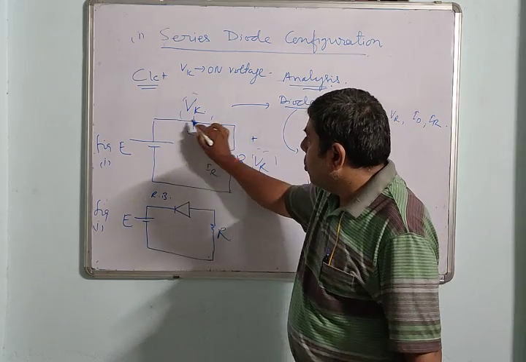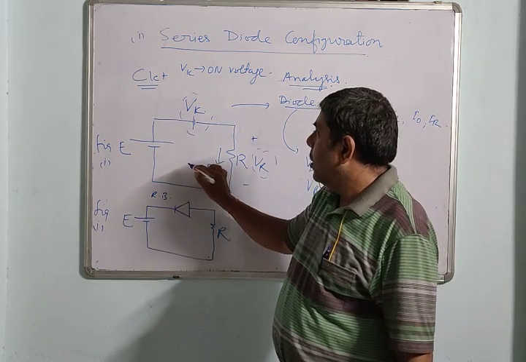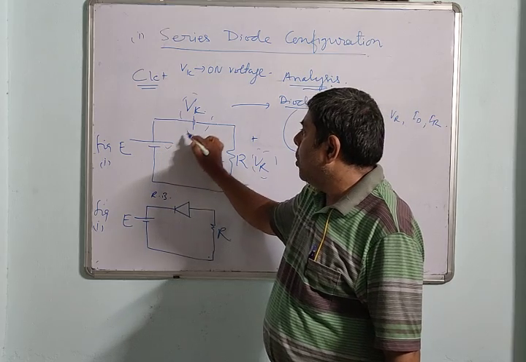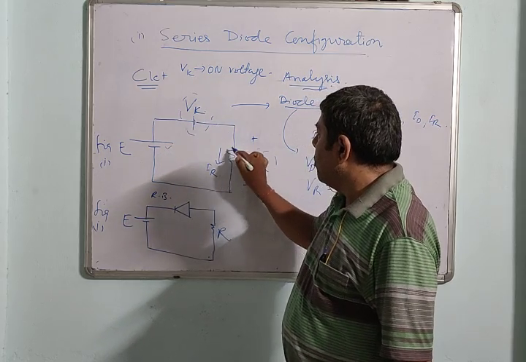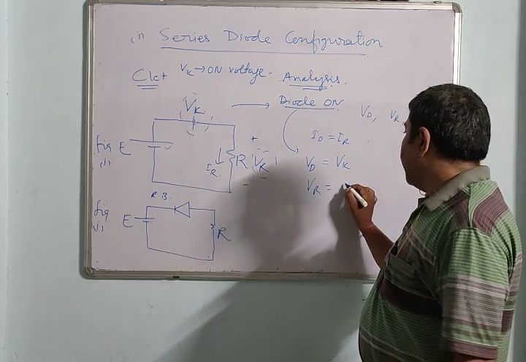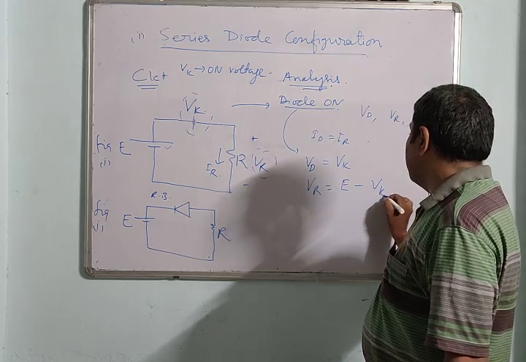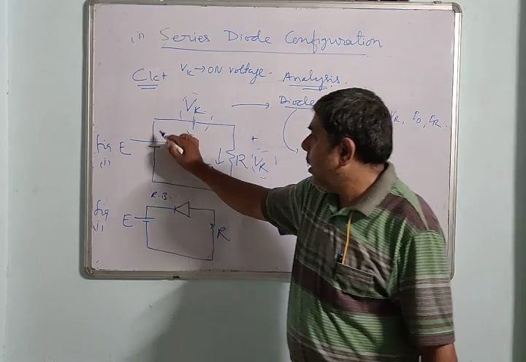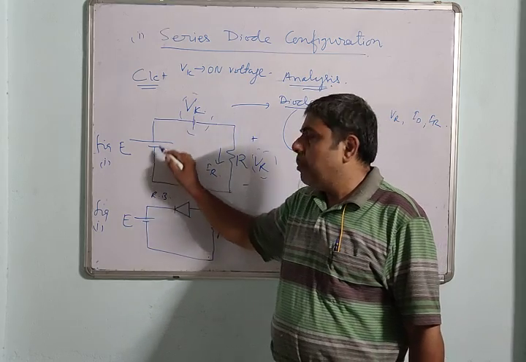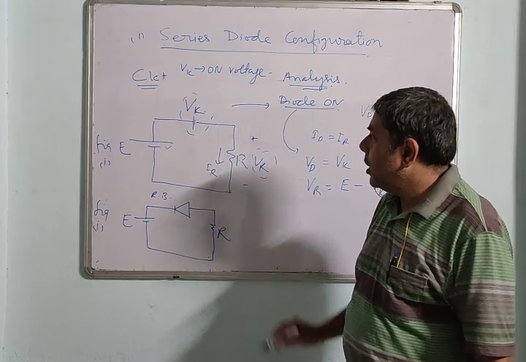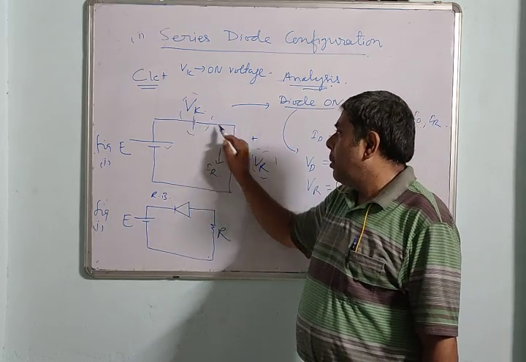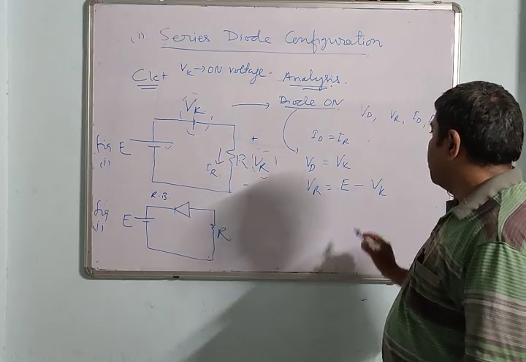In series, you can apply KVL. So this drop is equal to this drop plus this drop. So you can write VR is given by E minus VK. Because in series, when we apply Kirchhoff's voltage law, the algebraic sum of voltage drops is 0.